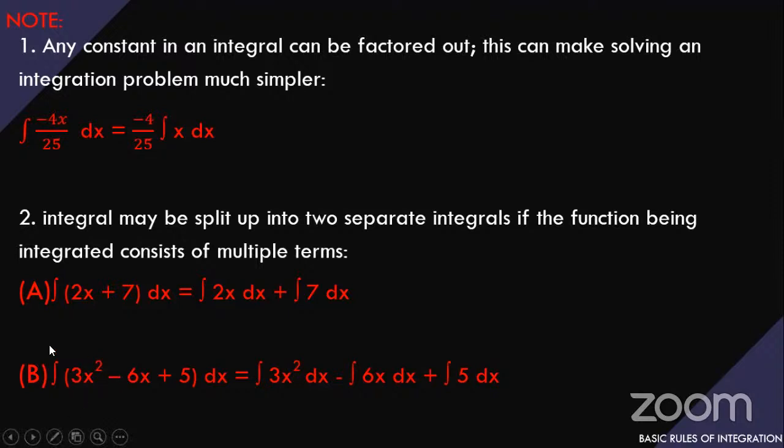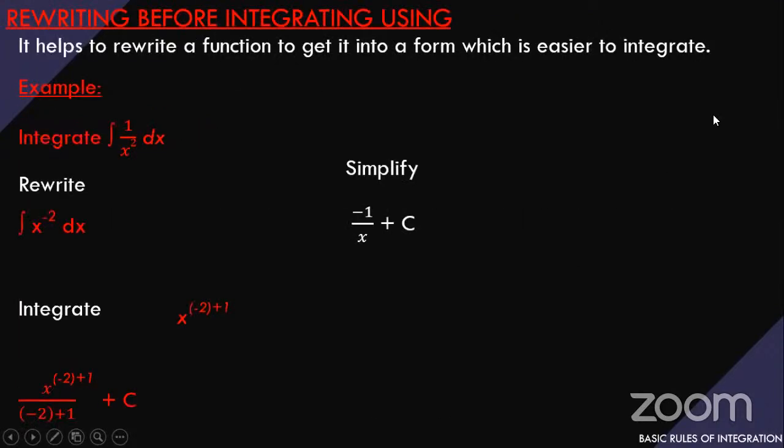If we look at the second part, which is the integral of 3x squared minus 6x plus 5 dx, we can split them to have the integral of 3x squared dx minus the integral of 6x dx plus the integral of 5 dx.